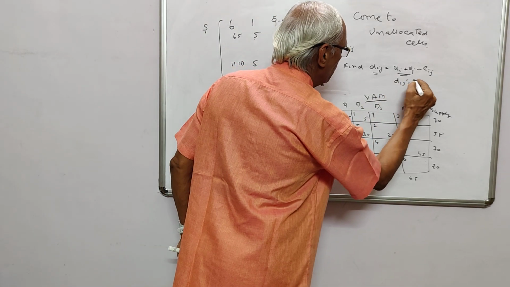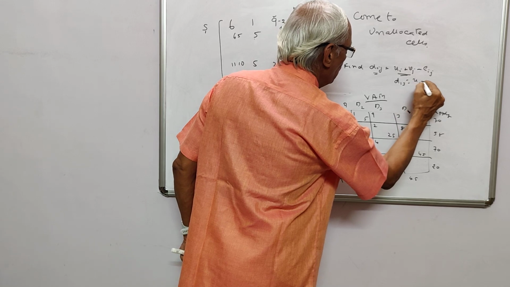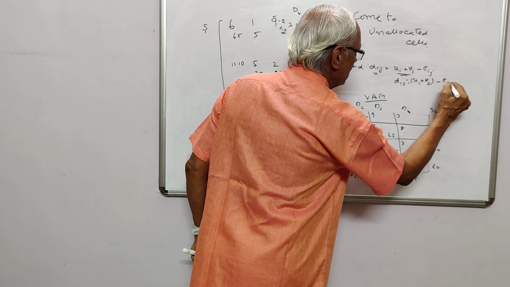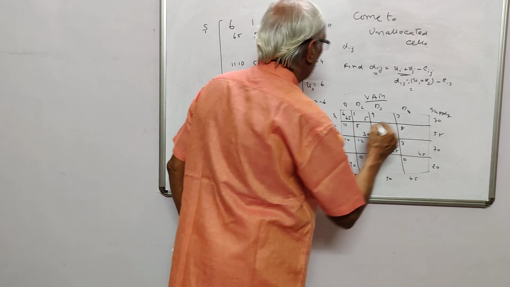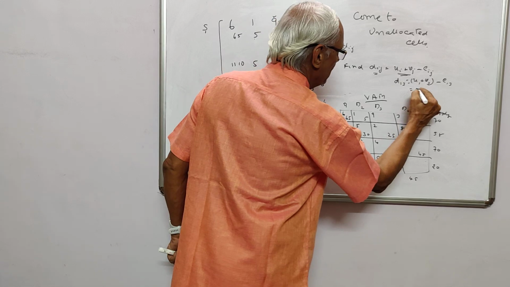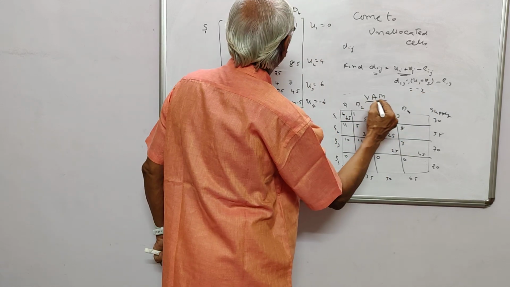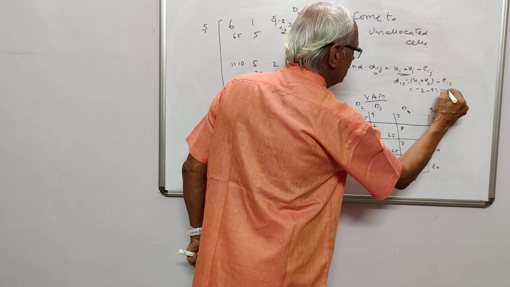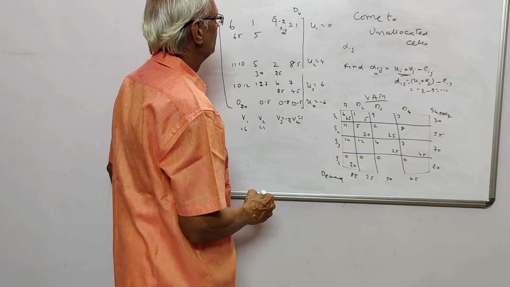D13 is equal to U1 plus V3 minus C13. Now U1 plus V3 you have found. It is minus 2 and it is minus 9, which is equal to minus 11.